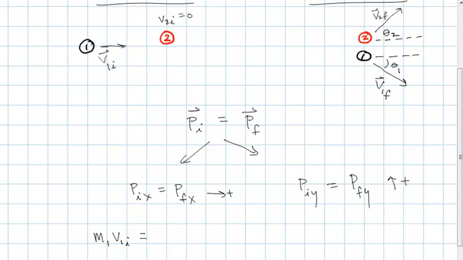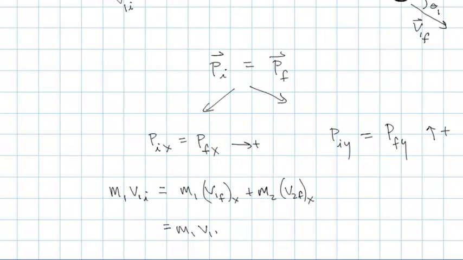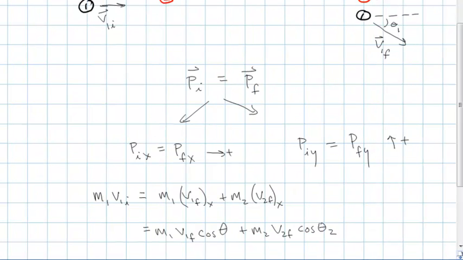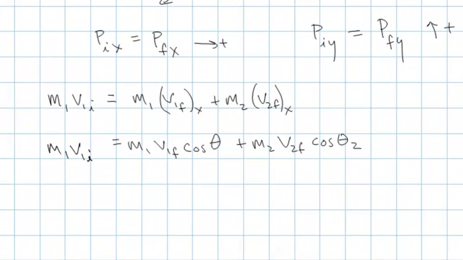At the end of the problem, I have the mass of object 1 times its velocity in the x direction, and the mass of object 2 times the x component of its velocity. So that's where the cosine thetas come from. We need the x component only of the velocity. So there's our first equation.